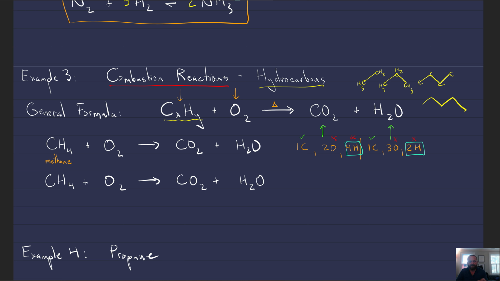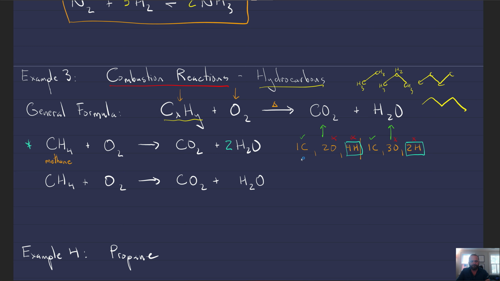Looking at this one already drawn out for us, we have 4 over here and 2 over here. Well, that's easy. We can just simply add 2 here. So let's take another look at what that results in. I'm going to do an intermediate sort of count of the atoms.